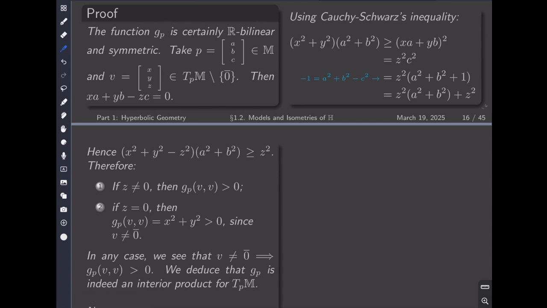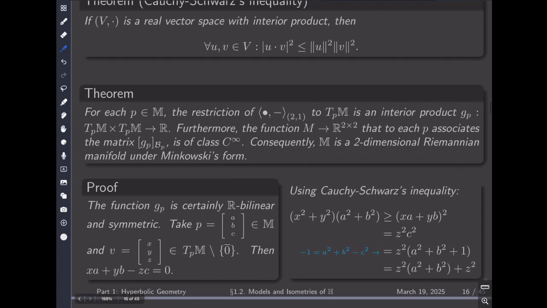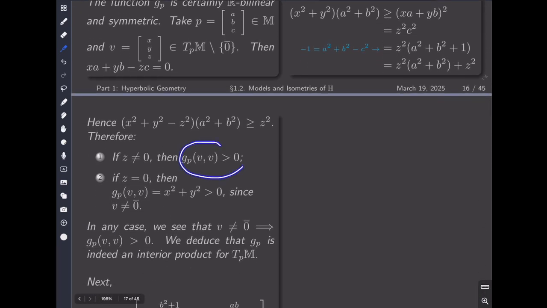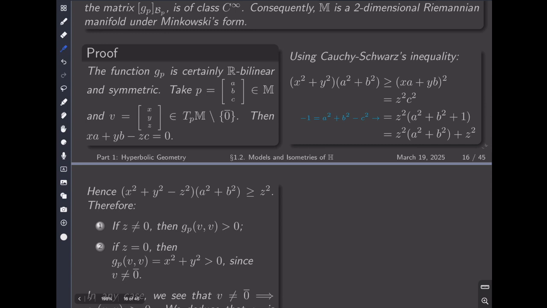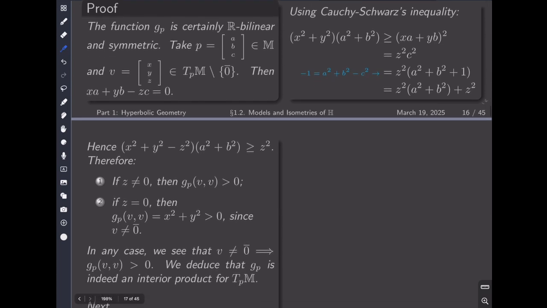So one has to check, given P, that Minkowski's form of any tangent vector against itself is positive, which is this, yeah, and then you just check it. Yeah? I don't want to stop to do this in full detail. I prefer to keep going.